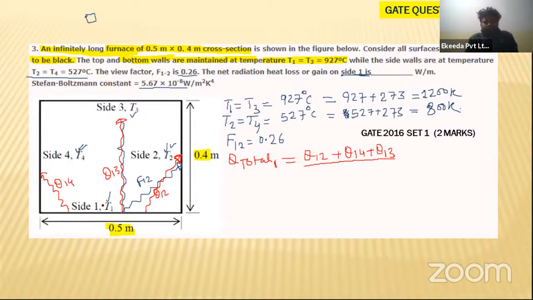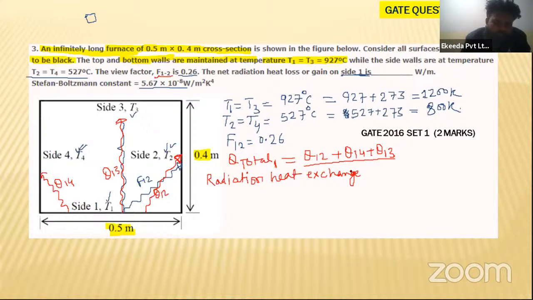Now let us calculate each and every heat exchange. Let us calculate Q12 first. They have given the shape factor F12. So let us calculate the radiation heat exchange between surface 1 and surface 2.